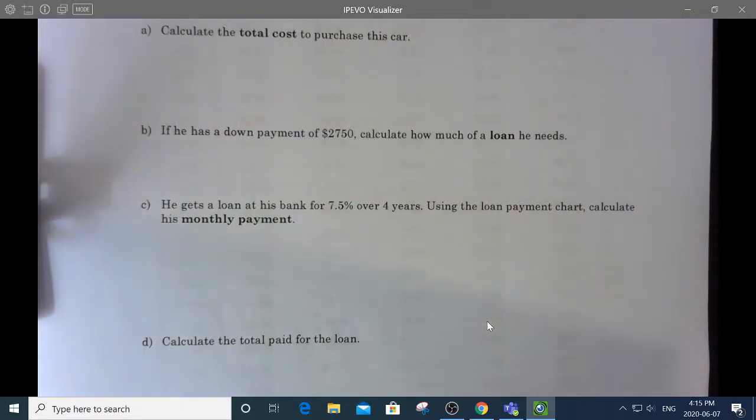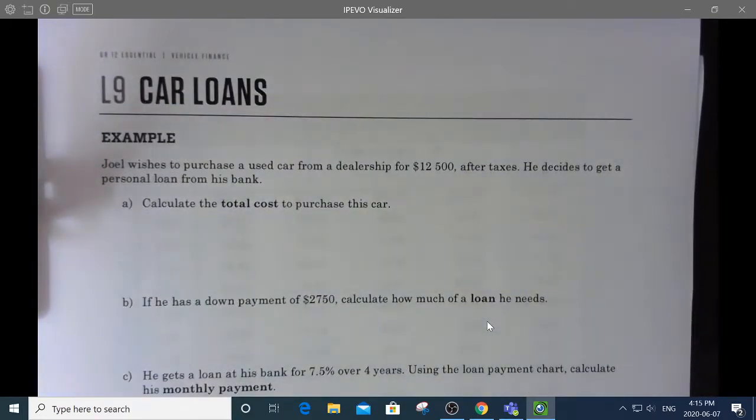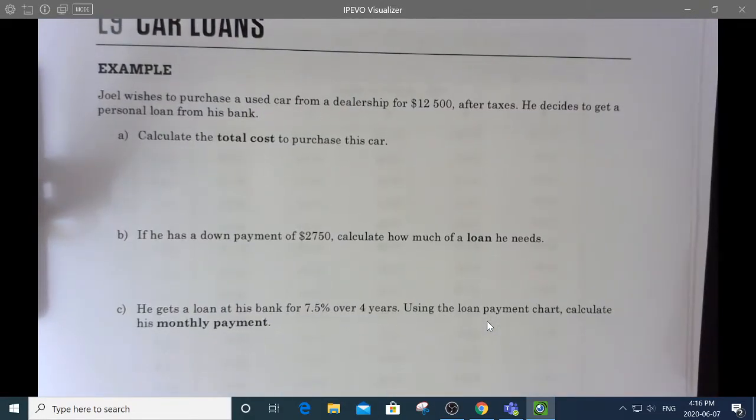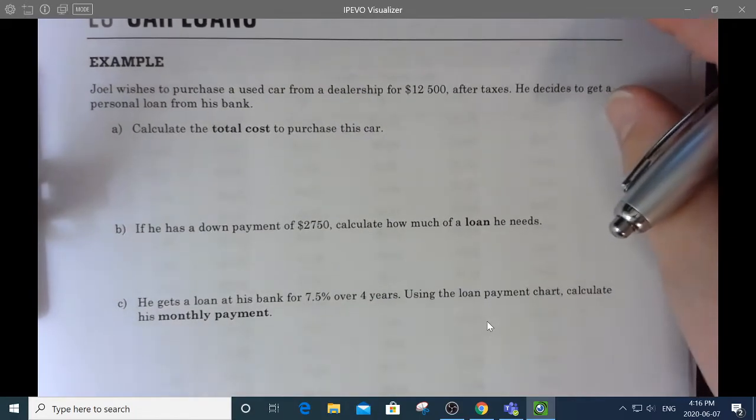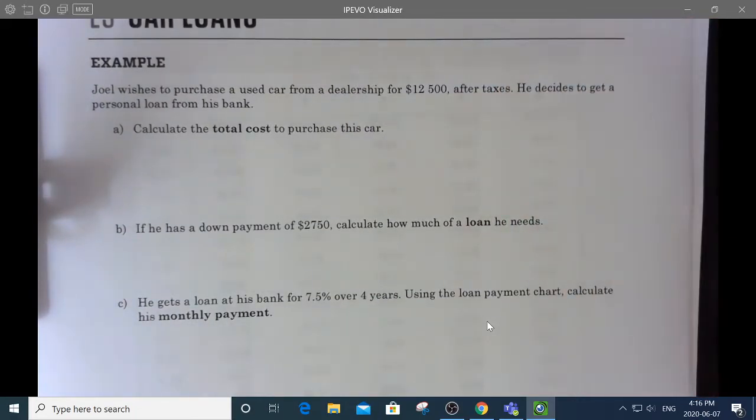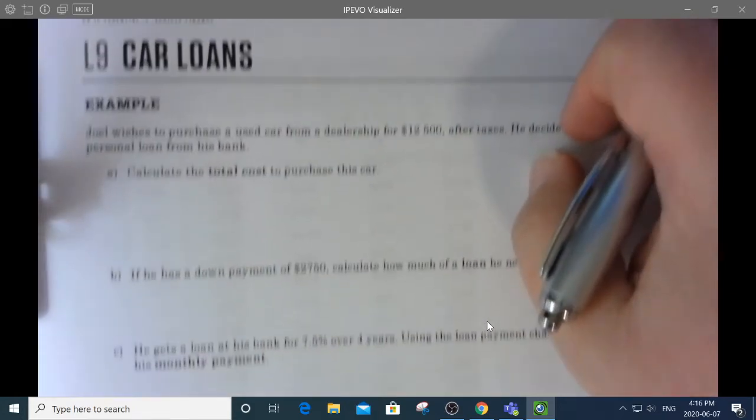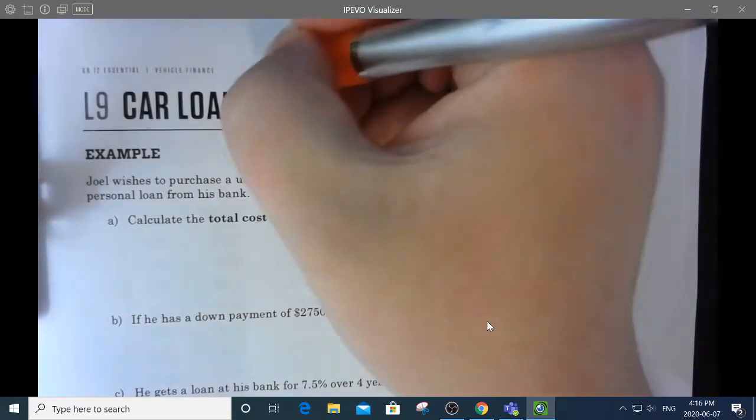So, with that in mind, flip to this one, and let's take a look at these examples here. Okay, Joel wishes to purchase a used car from a dealership for $12,500 after taxes. He decides to get a personal loan from his bank. Calculate the total cost to purchase the car. I'm going to put a formula up here.